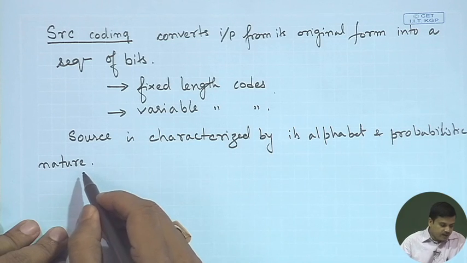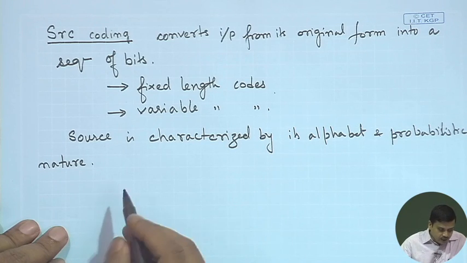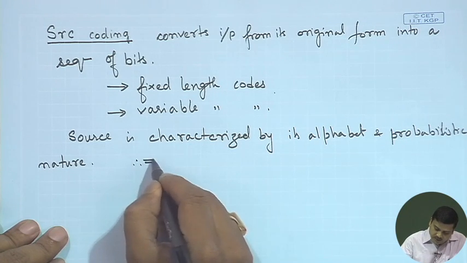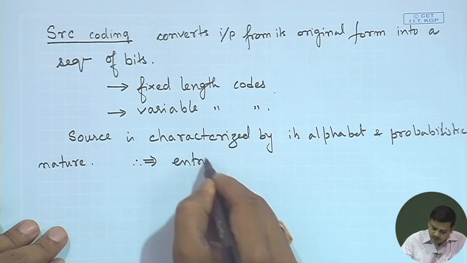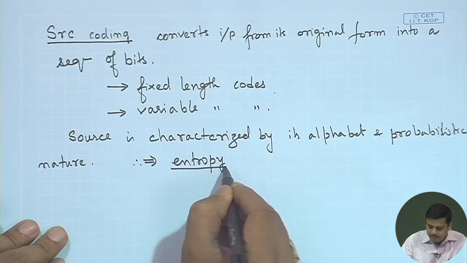Or you could say 10%, 50% and 40% and so on. That is what we mean by a source being characterized by an alphabet and its probabilistic nature, and therefore it has an associated entropy, which we are going to define.